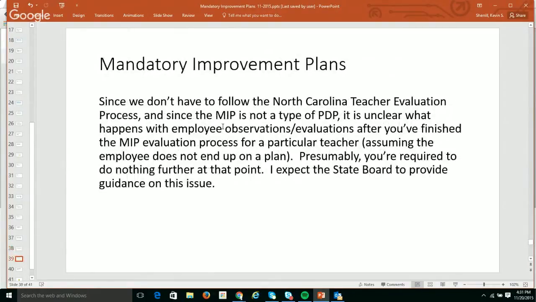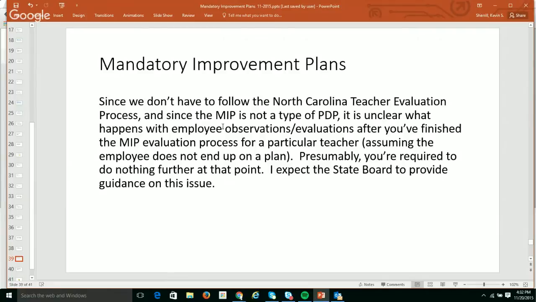Since we don't have to follow the North Carolina teacher evaluation process necessarily in low performing schools, and since the mandatory improvement plan is not a type of PDP, it is absolutely unclear what happens after you finish an employee's observation and evaluations, and they either have been put on a MIP or they haven't been put on a MIP. It's unclear what happens for the rest of the year.